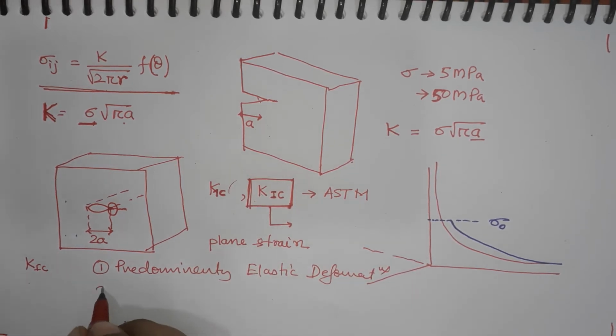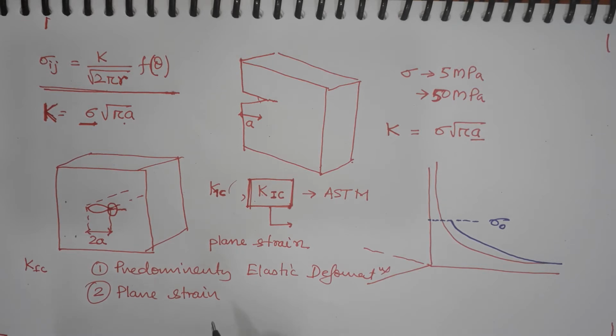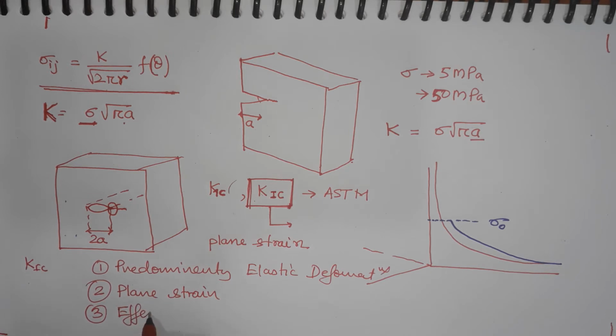Then second is that we have to ensure elastic deformation by using plane strain condition, and third one is that we have to remember that it is initiation fracture toughness. Apart from that, we also have to remember that the effect of specimen shape is important.